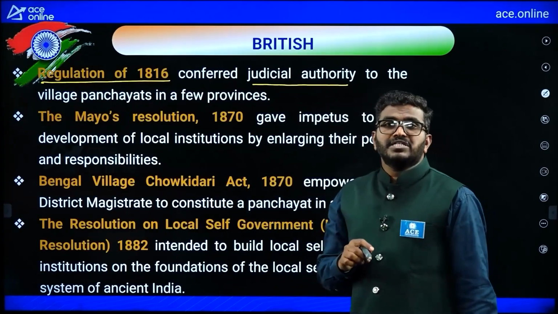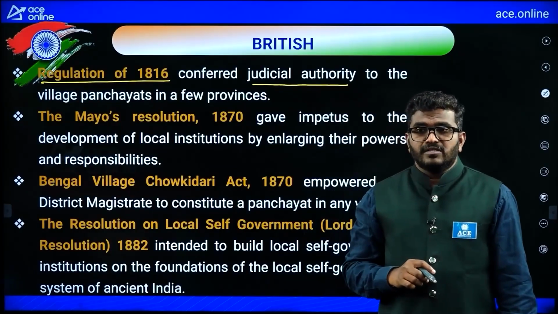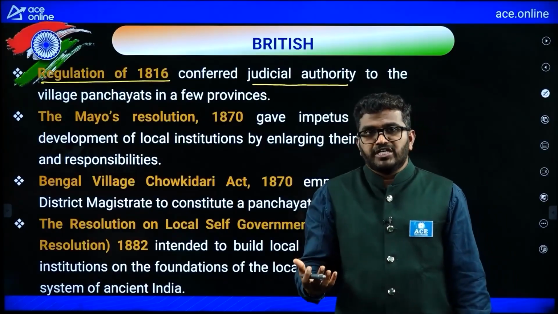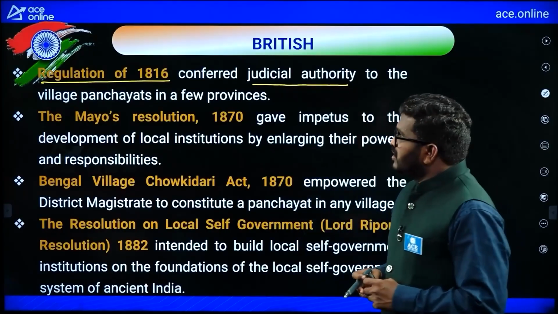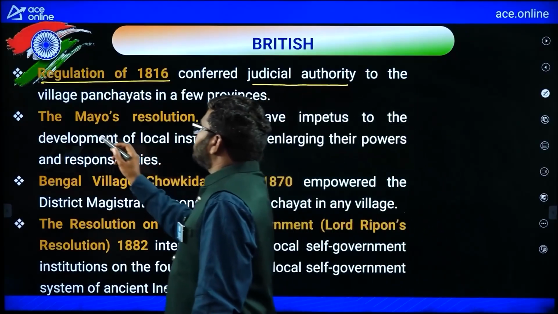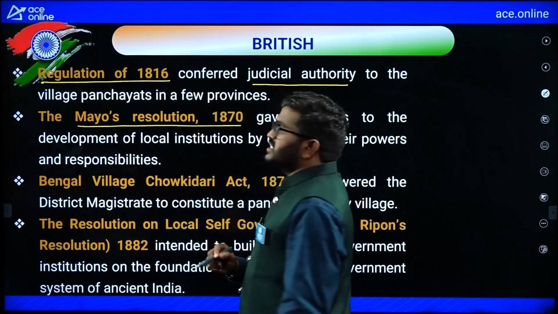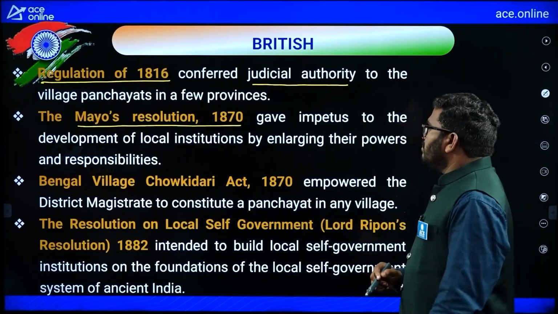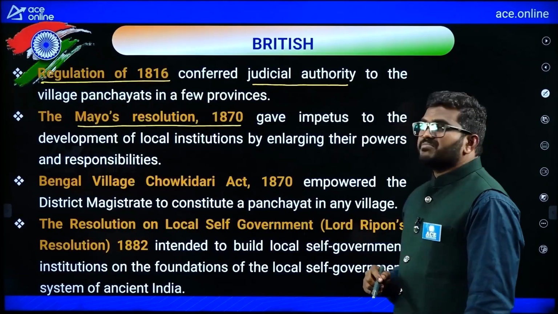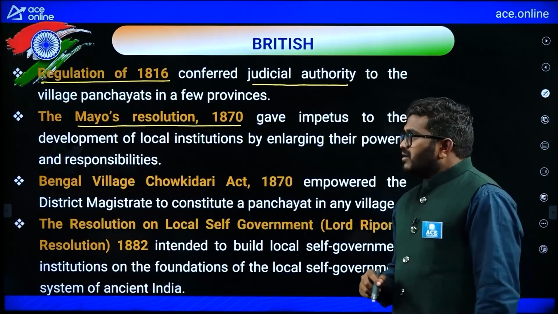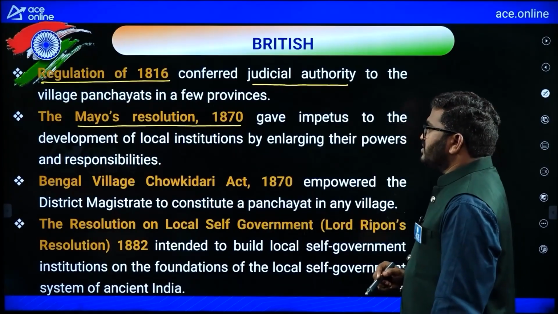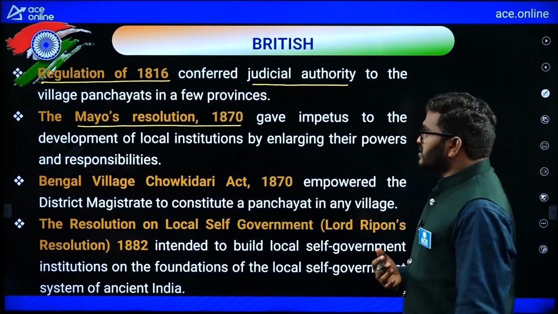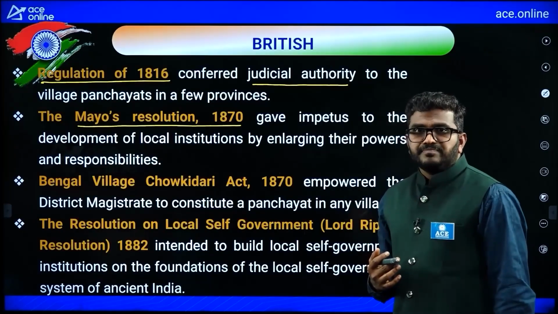Then the Mayo's Resolution of 1870 gave impetus to the development of local institutions by enlarging their powers and responsibilities. Village communities got a lot of powers for empowerment and good governance.